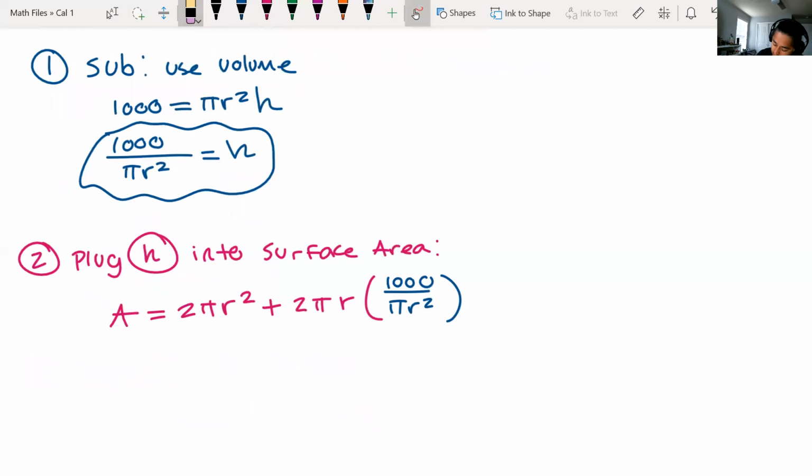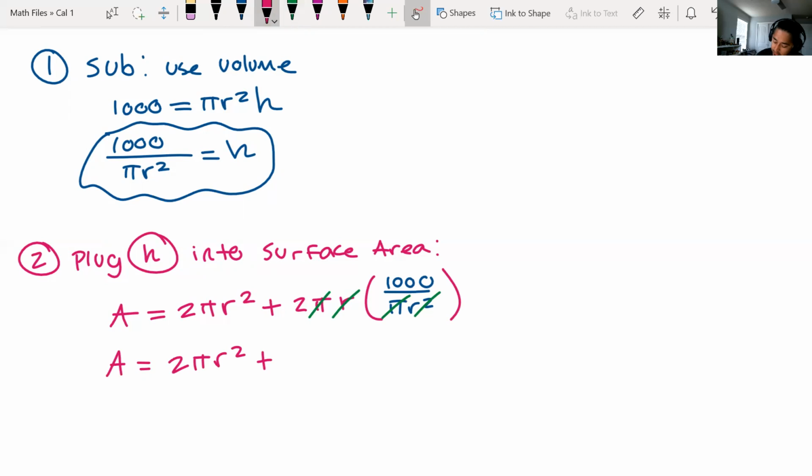And A equals 2 pi r squared plus, we know that this r and that r will reduce, and even the pi's will cancel.